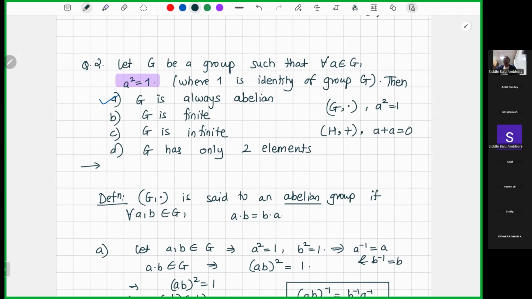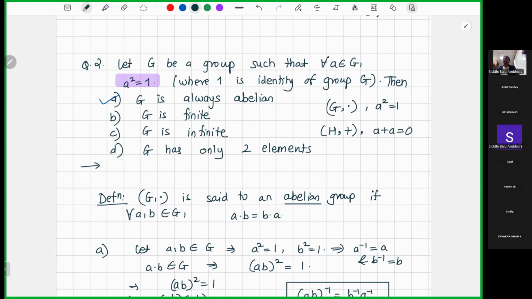It is just the notation. The point is that when I apply the group operation on the same element, A into A or A plus A in the group, the element is the identity element.